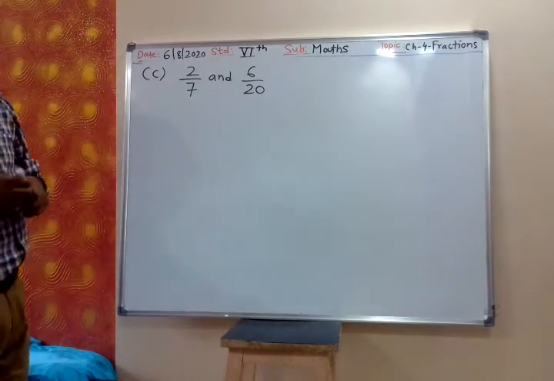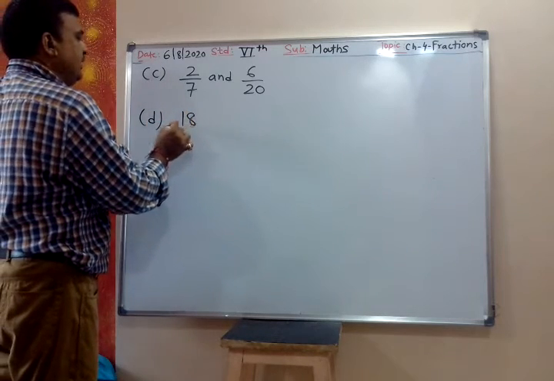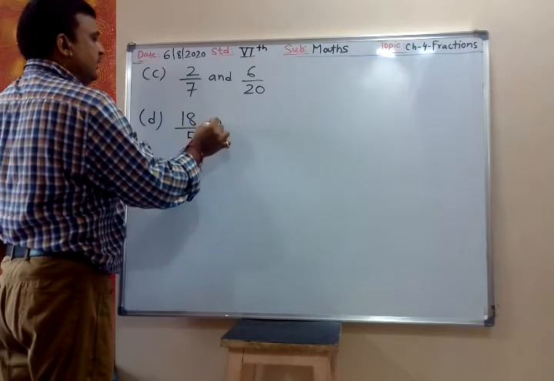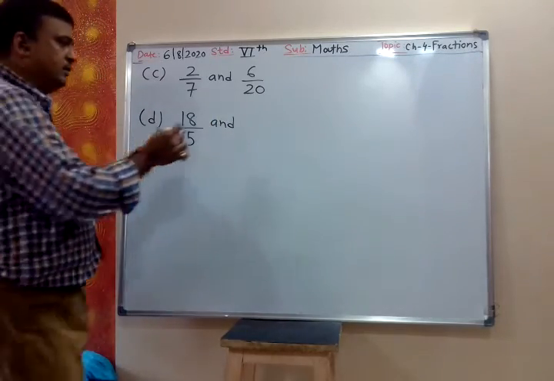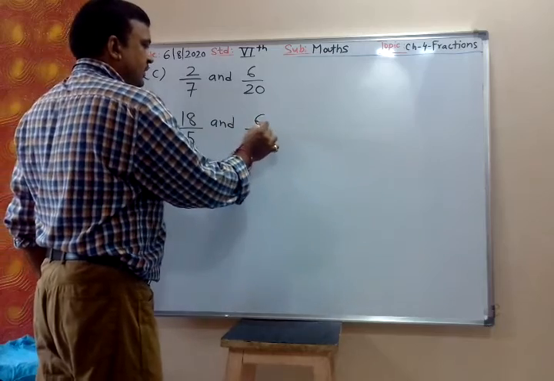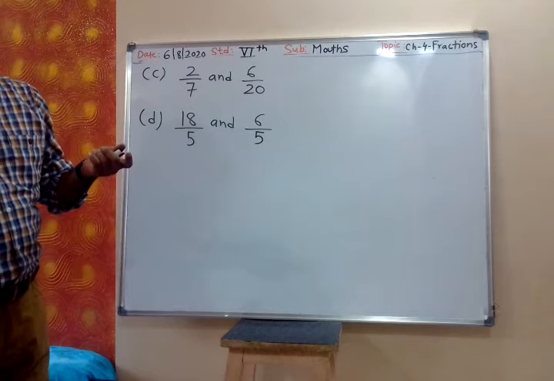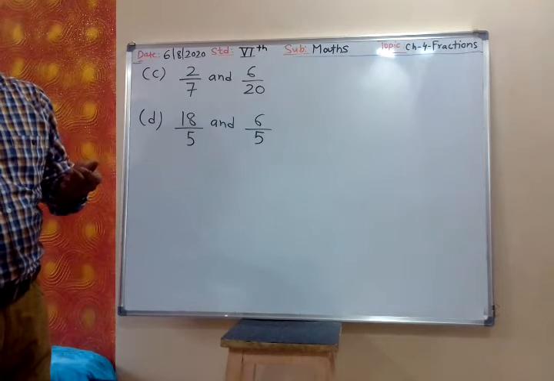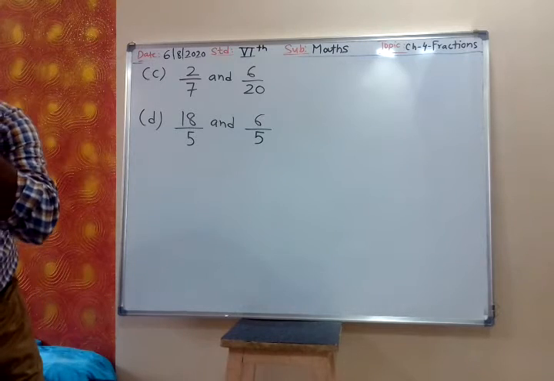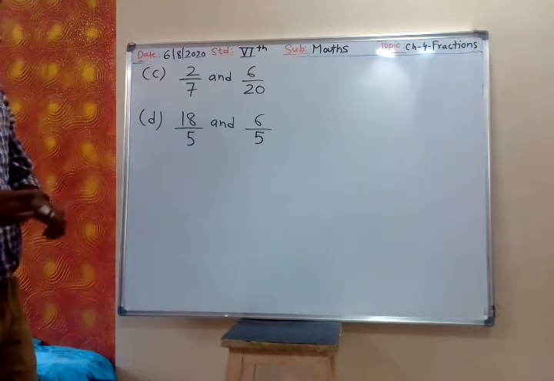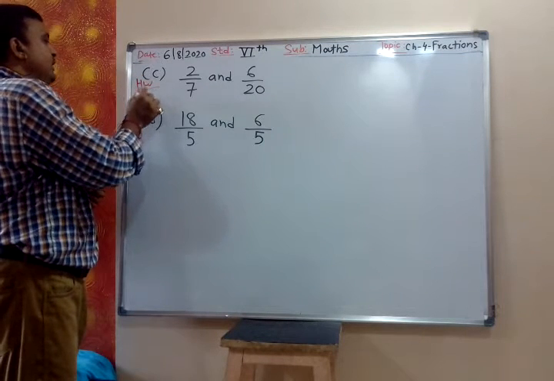Then D, 18 upon 5. That is what I am going to write. So take C and D as homework.